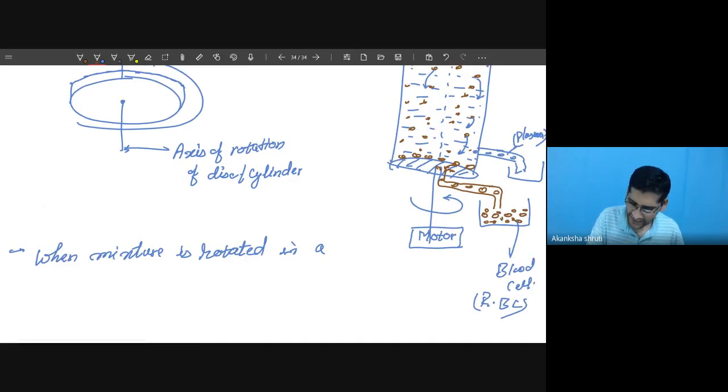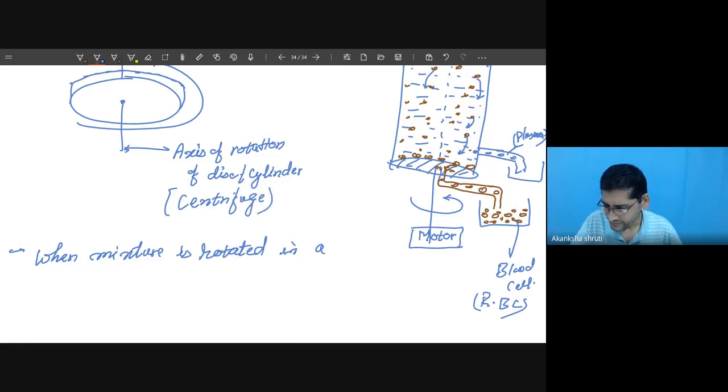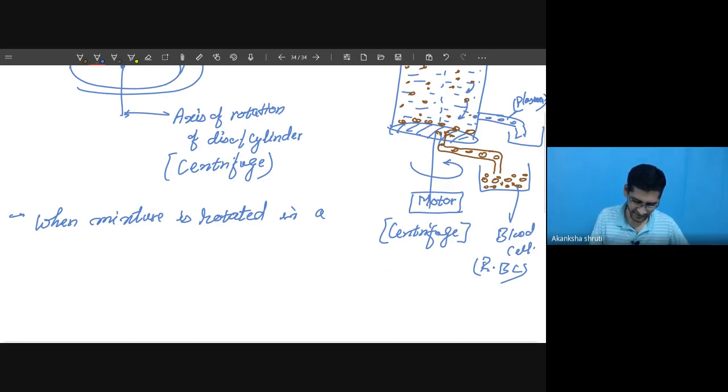This entire shaft along with the cylinder is called a centrifuge. This is the centrifuge motor along with this shaft and this cylinder. It is called a centrifuge, like the washing machine in your home.